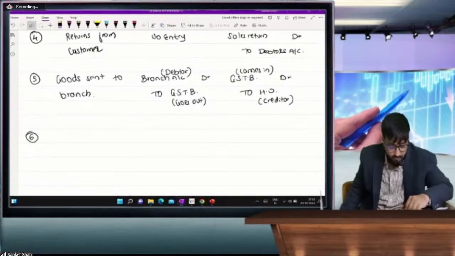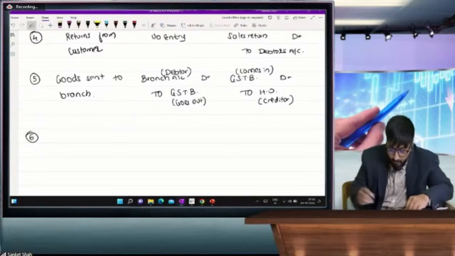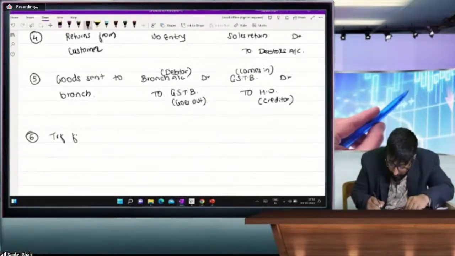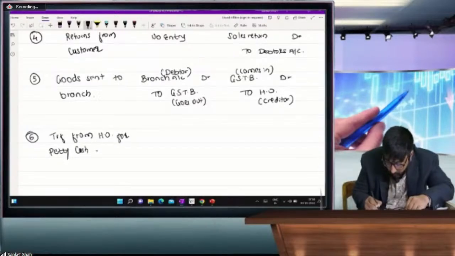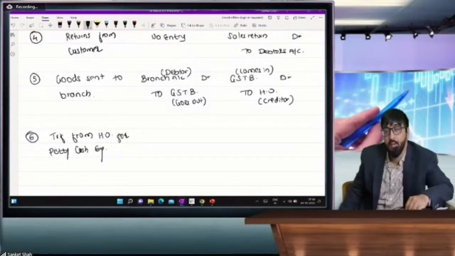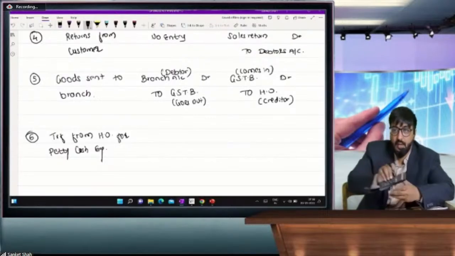I'm giving you time. Transfer from HO for petty cash expense. Transfer from HO for petty cash expense. Some money was transferred from HO for petty cash expenses. Tell me fast.